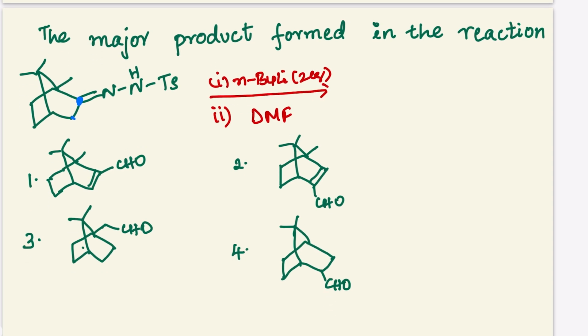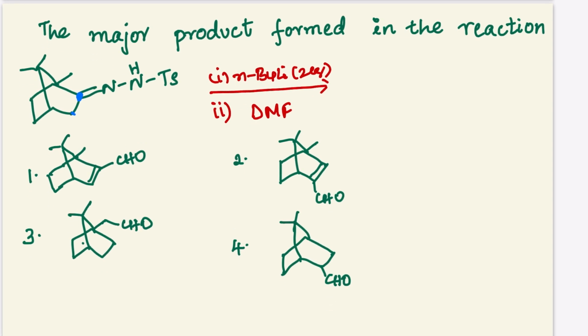Let us now look into this example. What is the major product formed in the reaction? Now we know that there is only one alpha hydrogen. This is the alpha hydrogen.